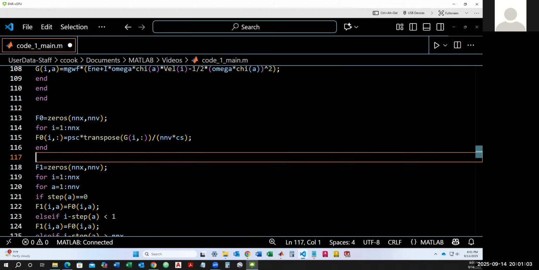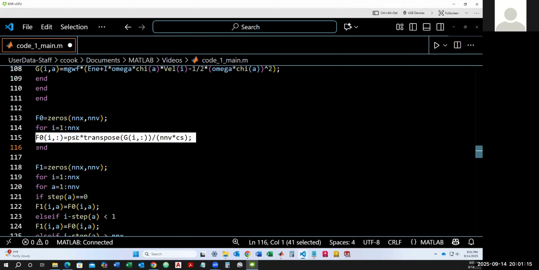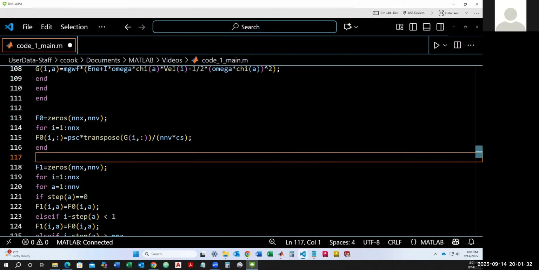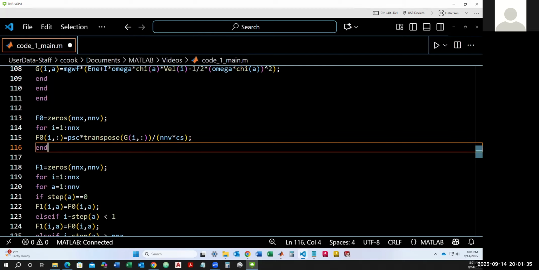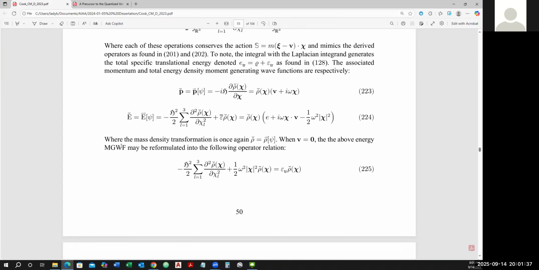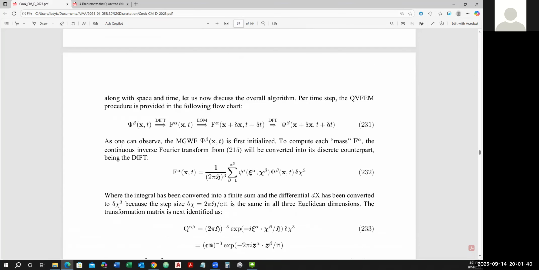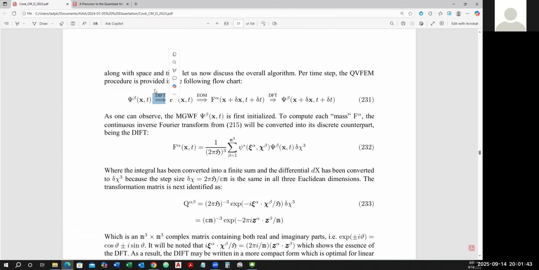If you go online or look in the literature, these terms can be used either way. I can call this either the discrete inverse Fourier transform, or I can call it a discrete Fourier transform, as long as I call the opposite transform the opposite of what I called it. So this will be my discrete inverse Fourier transform.